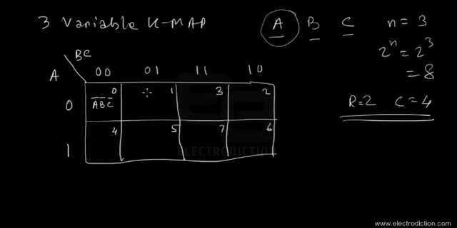And similarly for the second cell, except C, both A and B are zeros, so it'll be represented as A bar, B bar, and C. So this is how you can take up the cells as representing each of the minterm combinations when it comes to the SOP system.